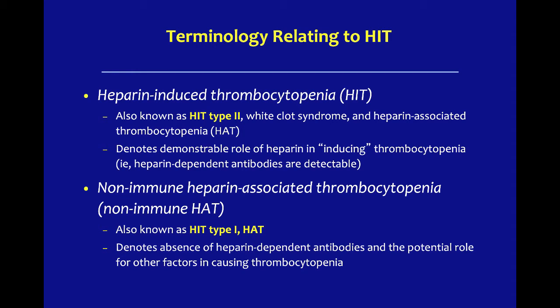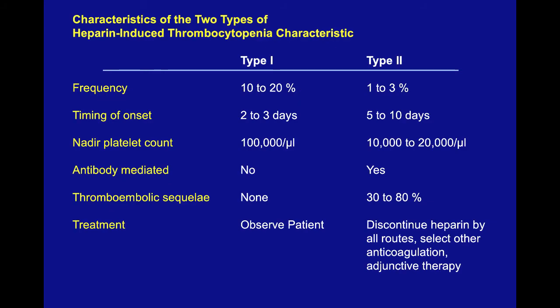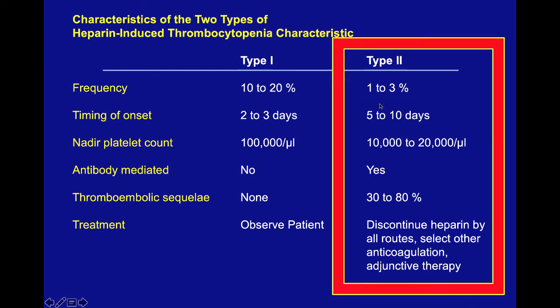It's the HIT type 2 patient that we really need to pay attention to and to understand before we do any kind of anticoagulation with heparin. So you can see the frequency of these events is variable. Fortunately, HIT type 2, the one that we're most concerned about, is fairly low.